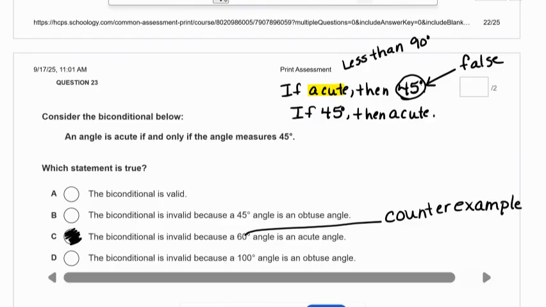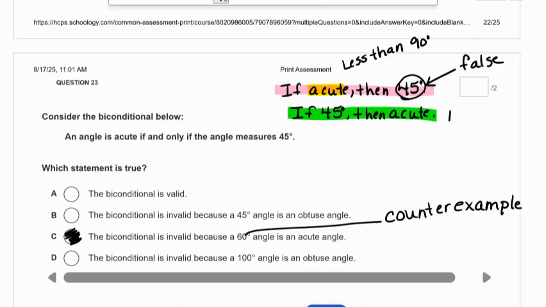And y'all, it's a counter example for the first part of the biconditional. We didn't even need to check out the second part because we already knew it was false. But let's look at the second one just to look at it. All right, if the angle measures 45, then it's acute. Y'all, that's true. The definition is acute is less than 90. 45 is less than 90.